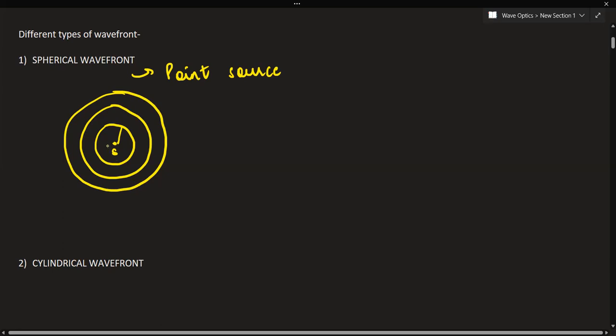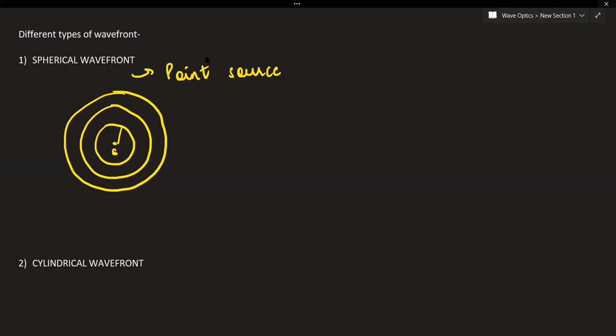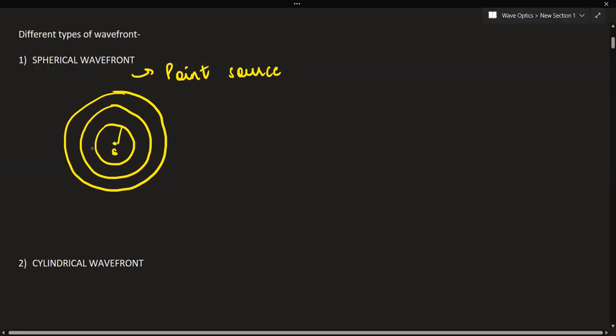Now remember one thing, that the rays of light are always perpendicular to the wavefront. If these are the spherical waves, then one of the perpendiculars will be in this way. So this is a ray.